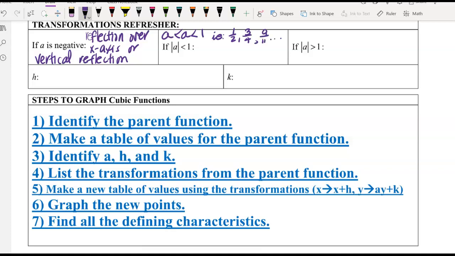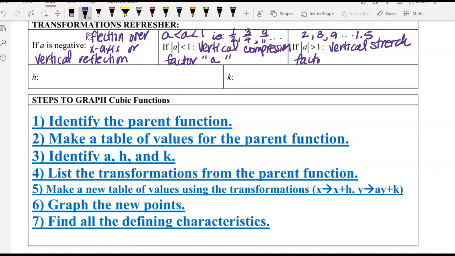If it's positive and between 0 and 1, then it is going to be a vertical compression by a factor of however much that A value is. Now, if A is bigger than 1, such as 2, 3, 9, whatever value that's bigger than 1, even 1.5, that's going to be a vertical stretch.